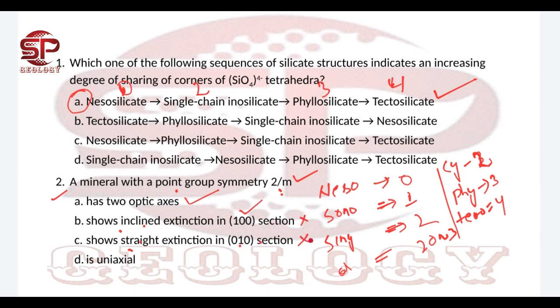So both of these will be incorrect. And uniaxial will be incorrect because the monoclinic system is biaxial.